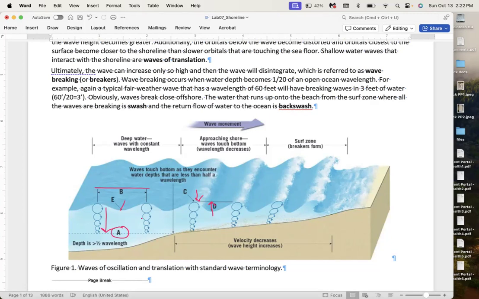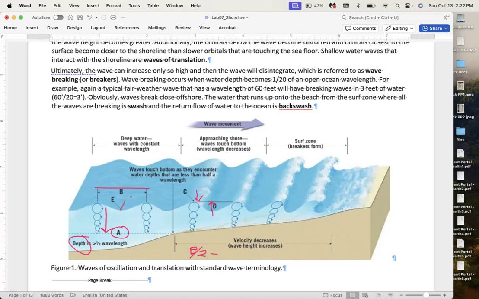And that is controlled by a simple equation. The wave depth here is a function of the calculation of 1/2 of the wavelength. In this case, we have a wavelength here of B. So one way to look at that is you divide B by 2, and that gives you the wave depth.